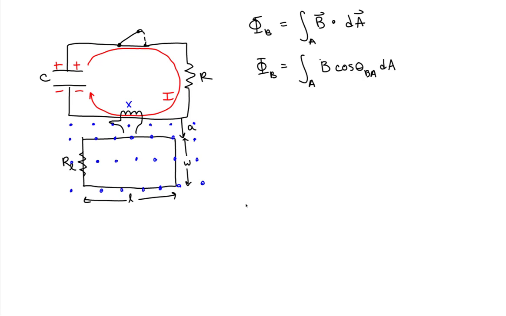Now let's go ahead and suppose that the area vector, being the vector that is perpendicular to the plane of the loop, is coming straight towards us, parallel to the magnetic field. If it's parallel to the magnetic field, then the angle between the magnetic field and the area vector is 0 degrees. And the cosine of 0 degrees is equal to 1. This allows us to write that the magnetic flux is equal to the area integral of the magnetic field.